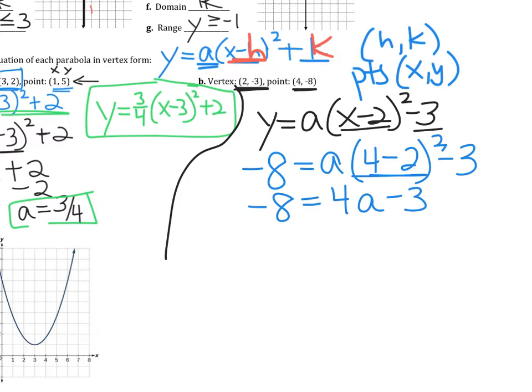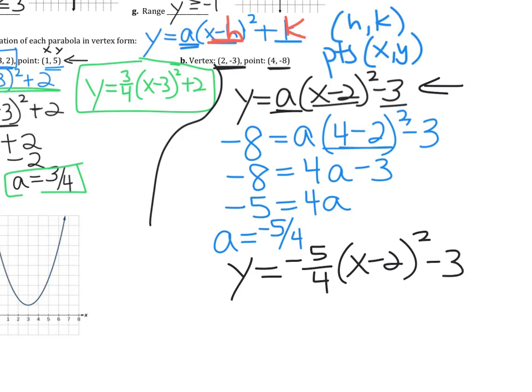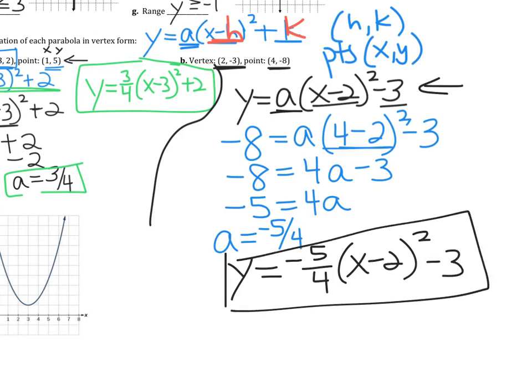Go ahead and add 3 to the other side. You get -5, and so a equals -5/4. So we're going to go back to this one right here, and we're going to plug in a. My equation would be y equals -5/4 times (x minus 2) squared minus 3. So there it is, my parabola.